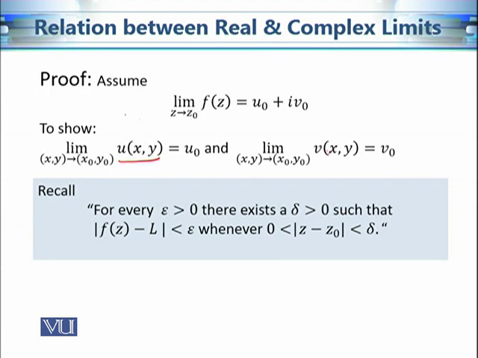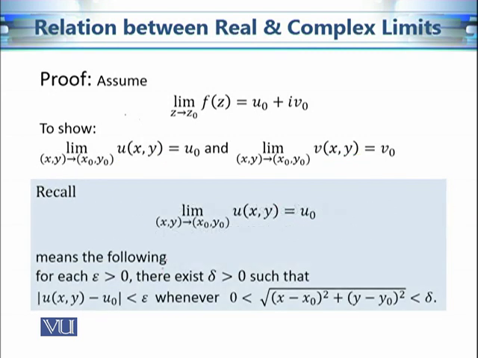Now u of xy and v of xy are real valued functions of two variables, so if we want to prove this, we should be using the definition that we described in our earlier discussions about the limits of real valued functions. So this was the definition. If this limit is equal to u naught, it means for every epsilon greater than 0, there should exist a delta such that the distance between the functional values and u naught is less than epsilon whenever the distance between xy and x naught y naught is less than delta.